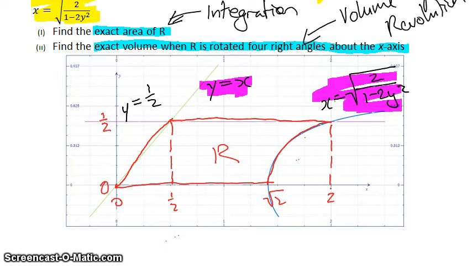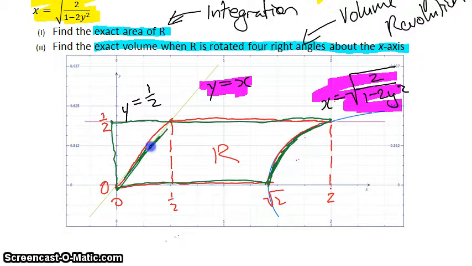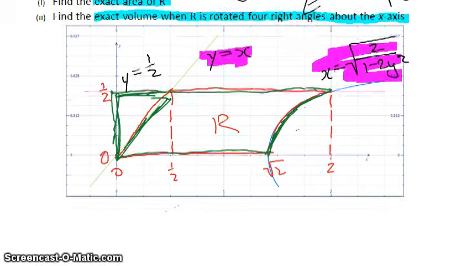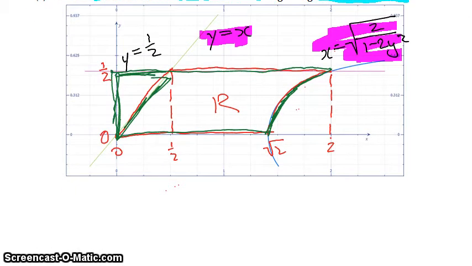So you basically take this area that I'm showing now in green, you take this area minus this area here, and that will give you R. So how do we write it down? Let's get started on question 1 then, right?